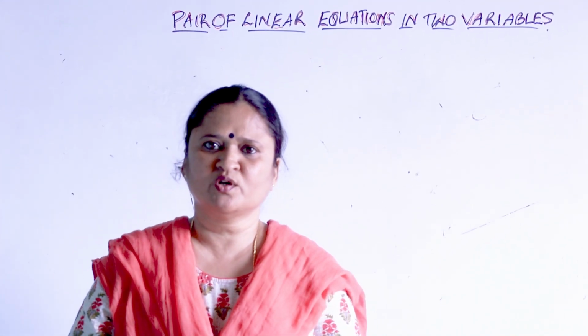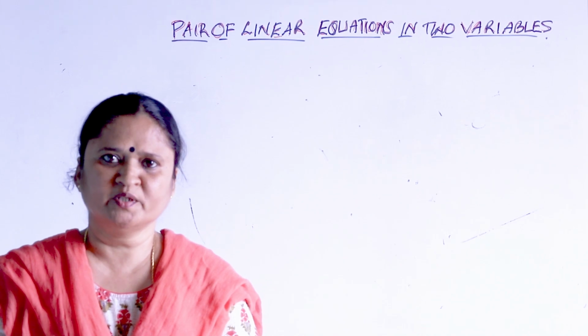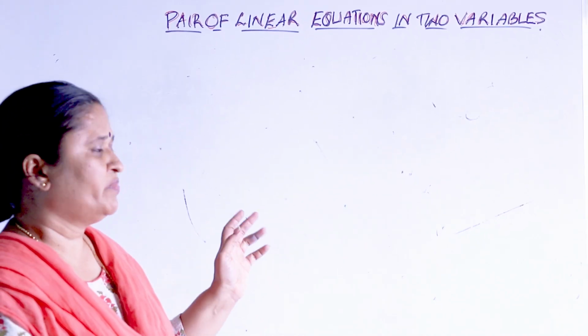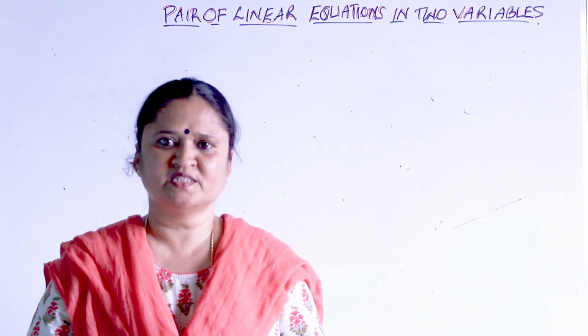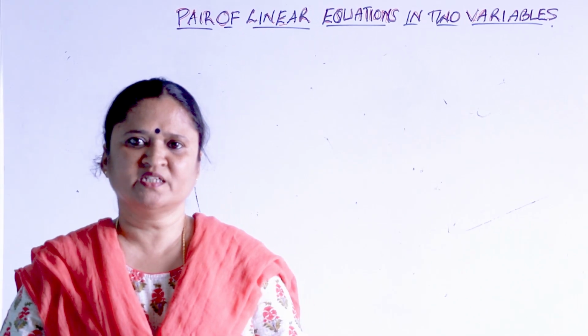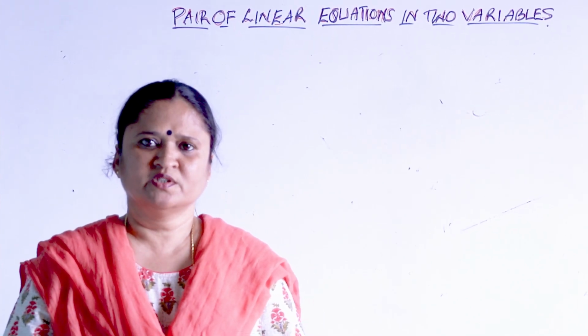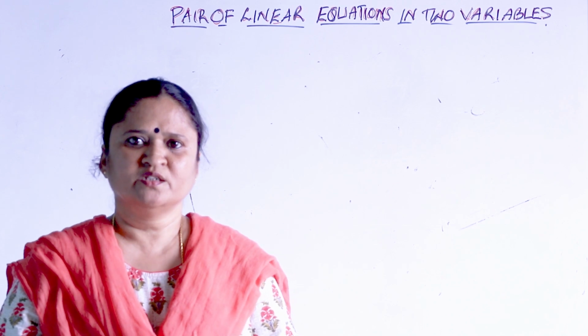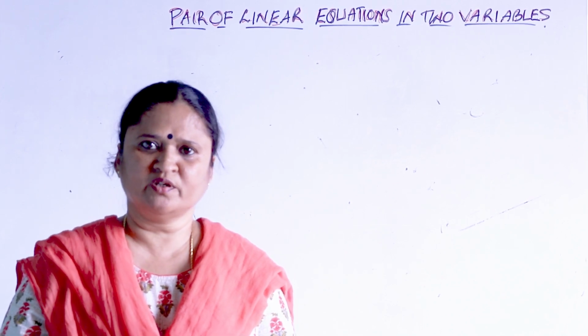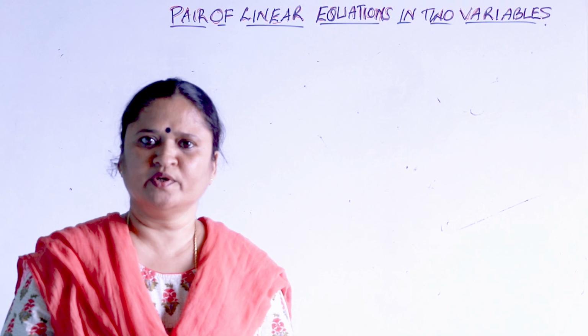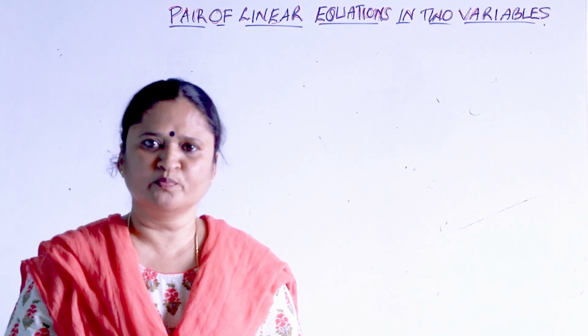In this session, I will be solving a few important problems of pair of linear equations in two variables. Before I begin the session, it's very important you keep your textbook, either hard copy or the soft copy, along with a notebook and a pen.